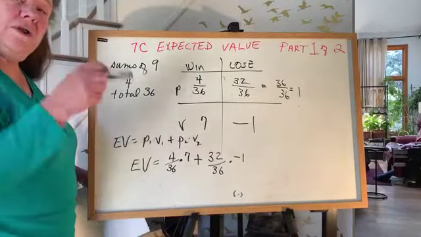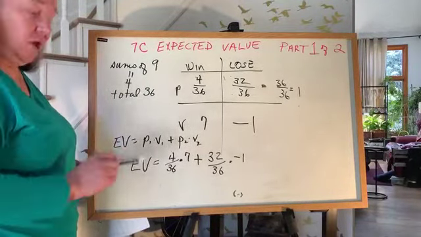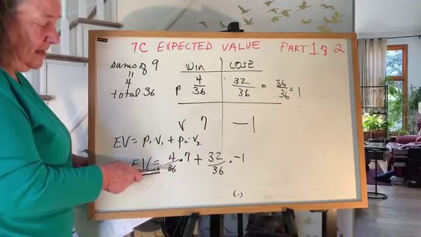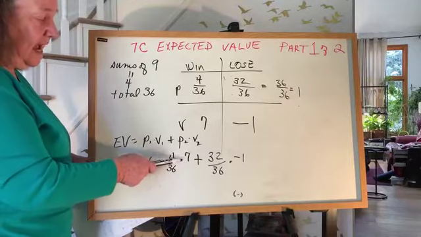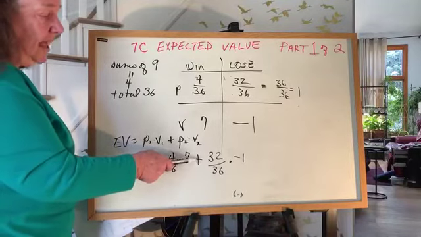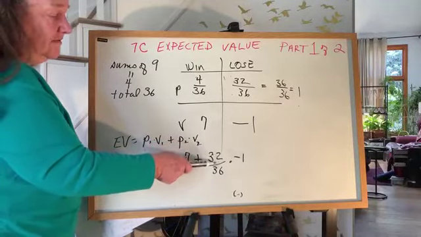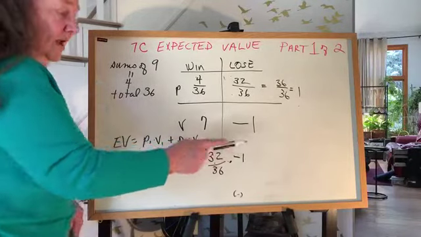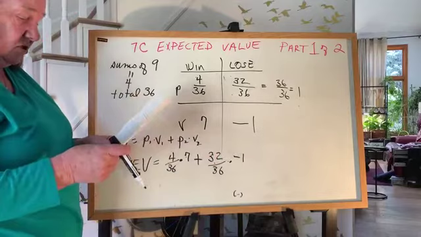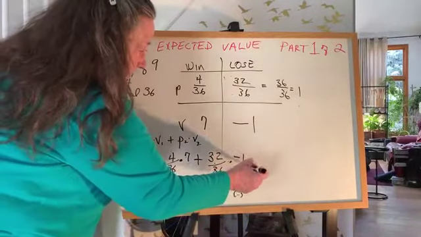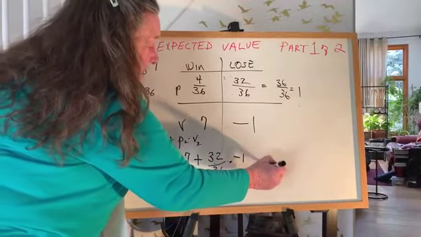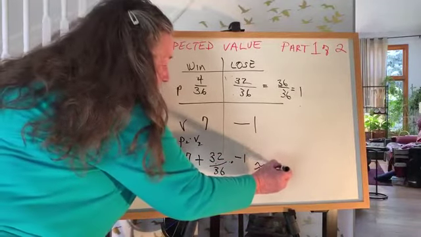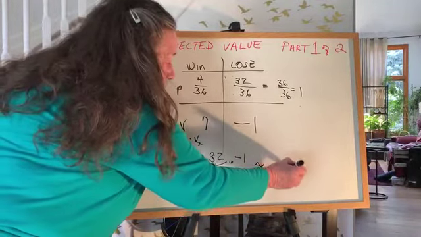So when you take out your calculator, you're going to go 4 divide 36 times 7 plus 32 divide 36 times -1. And that comes out to be approximately -0.111.